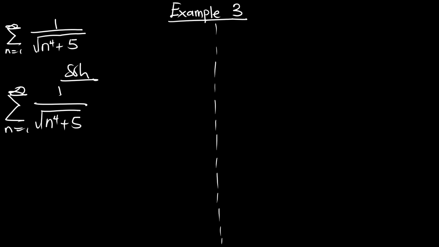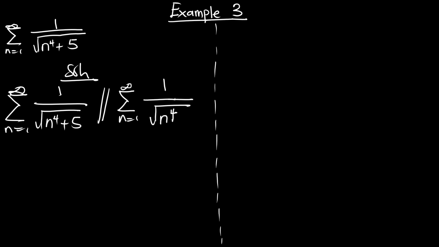Are we okay? So now we can compare this to another series, n is equal to 1 to infinity of 1 on the square root of n raised to the power what?